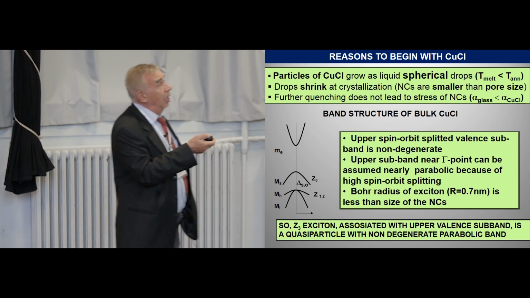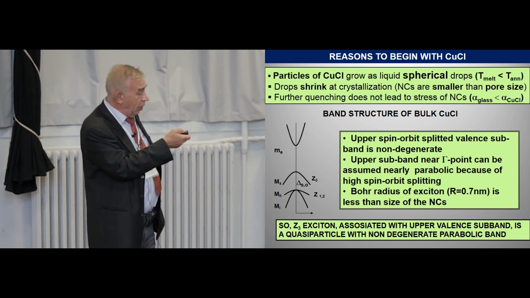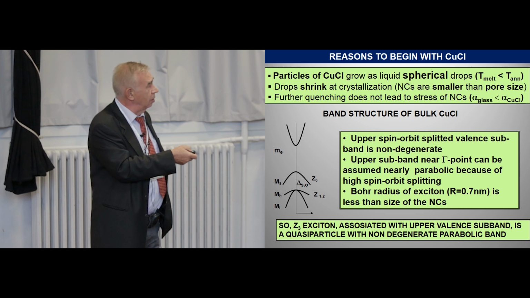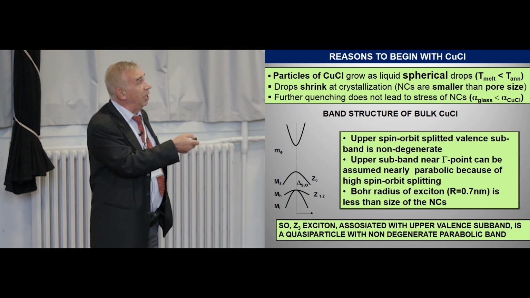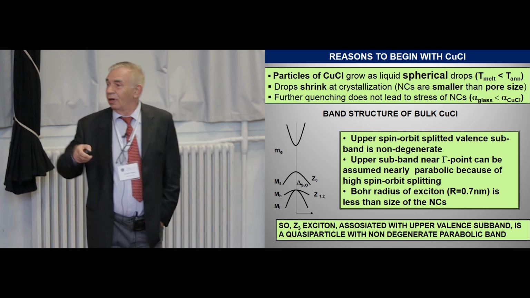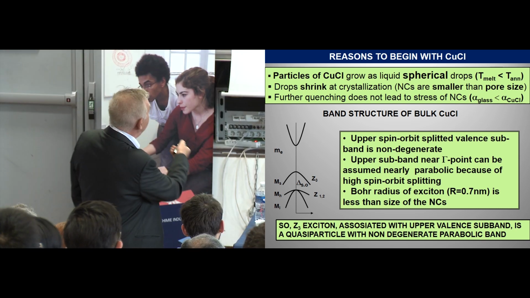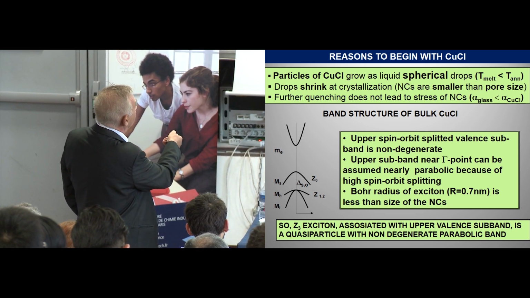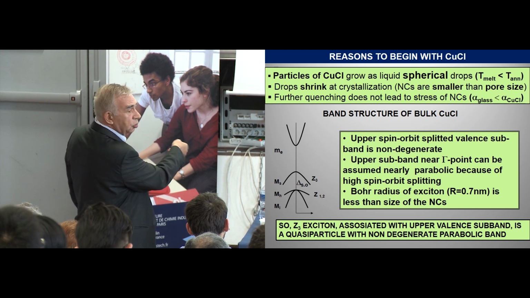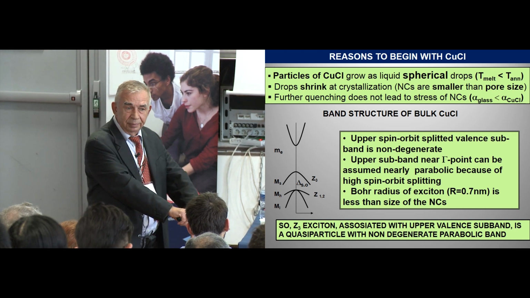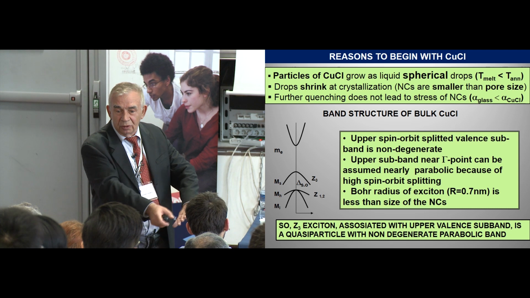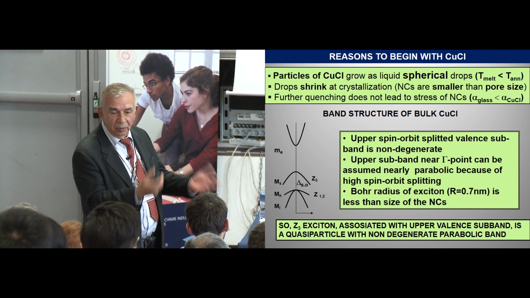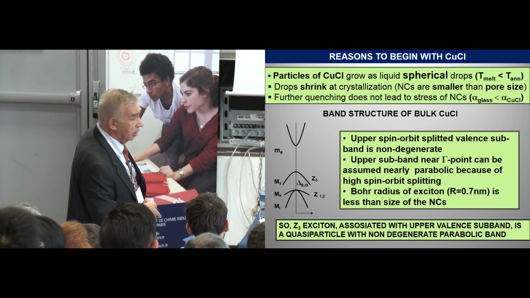And another feature is that the spin-orbit splitting in this material is actually very high. And so it gives you again a chance that when you stay near the gamma point, you will not be too close to the spin-split subbands, and you should not worry too much about non-parabolicity of the bands.